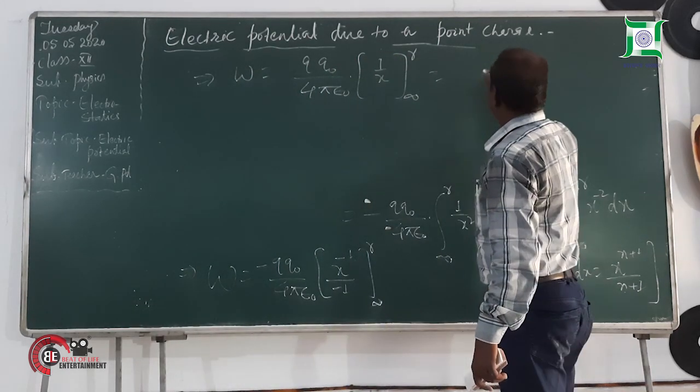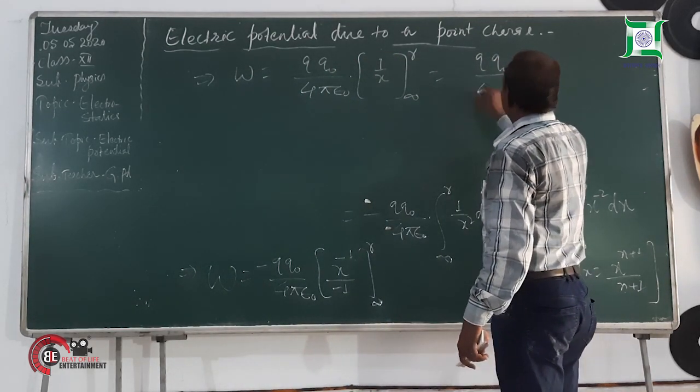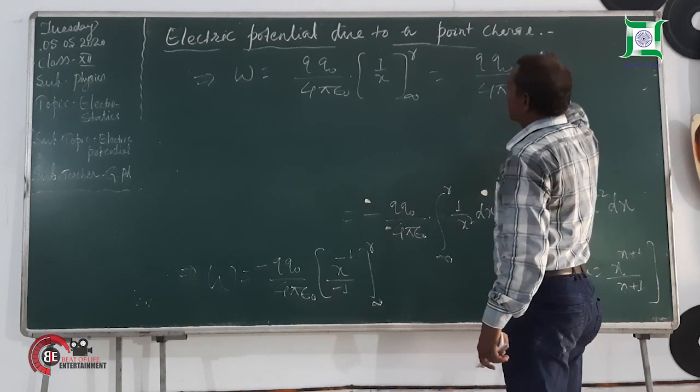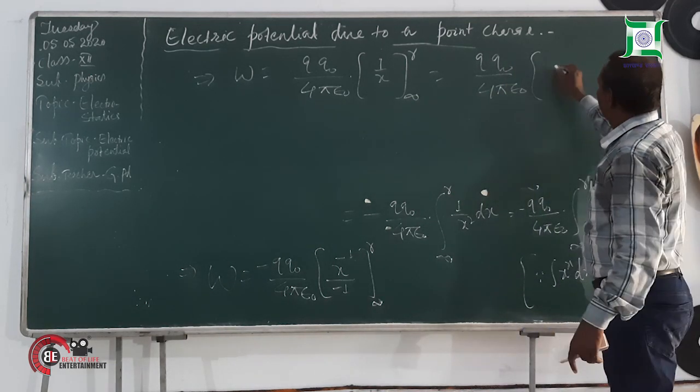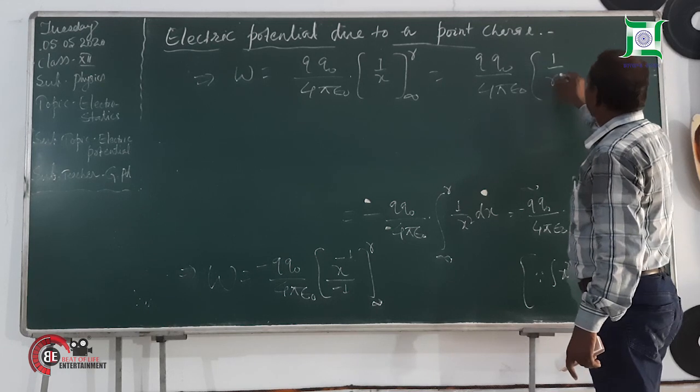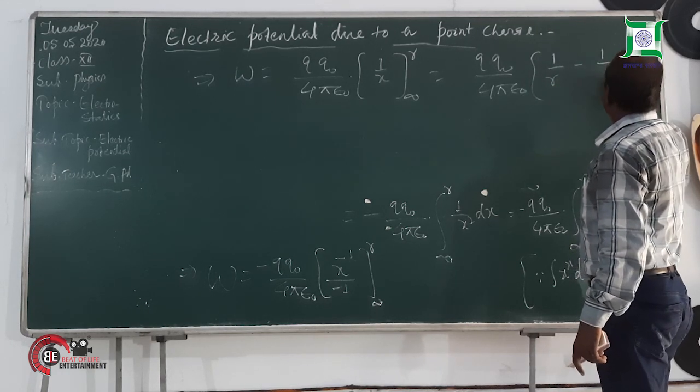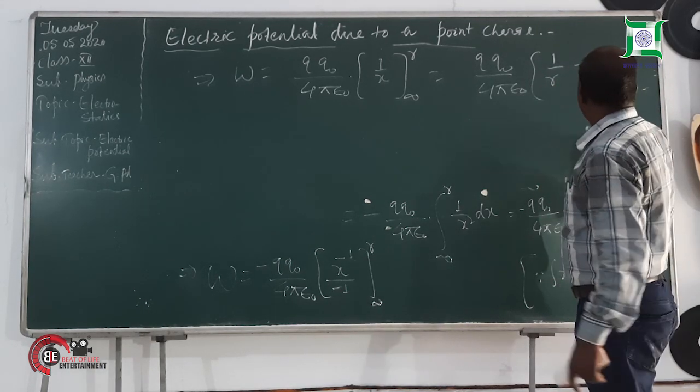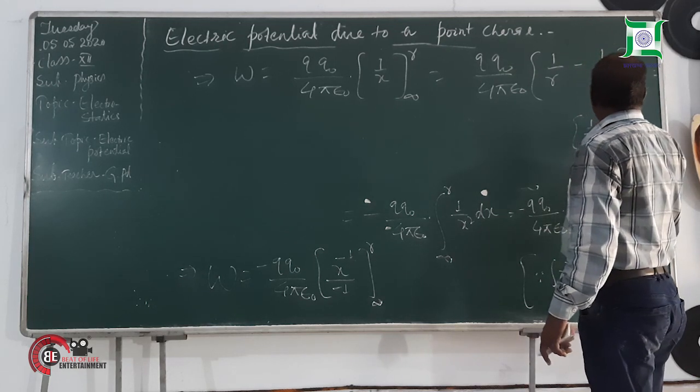This will be equal to Q naught by 4 pi epsilon naught into 1 upon r minus 1 upon infinity, as 1 by infinity is equal to 0.